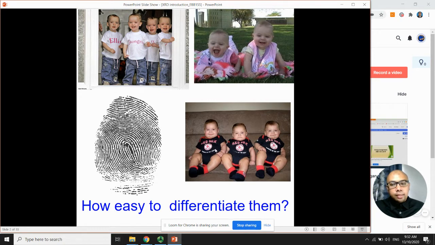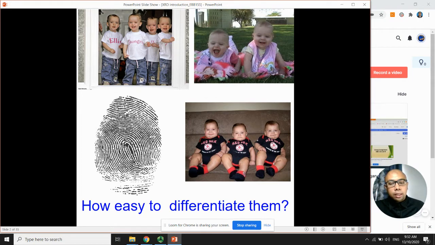As you can see in the slide, the best way to differentiate between twins, triplets, and quadruplets is fingerprints. Although twins look exactly the same, when you compare their fingerprints, the patterns are definitely different between the twins.